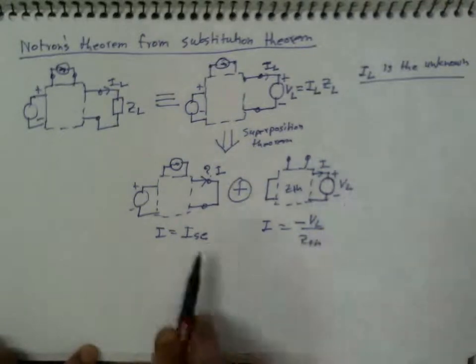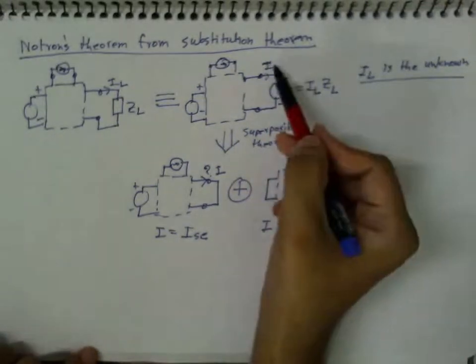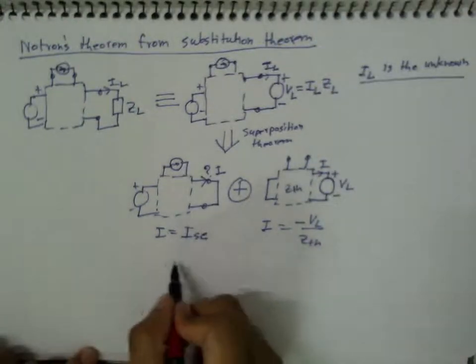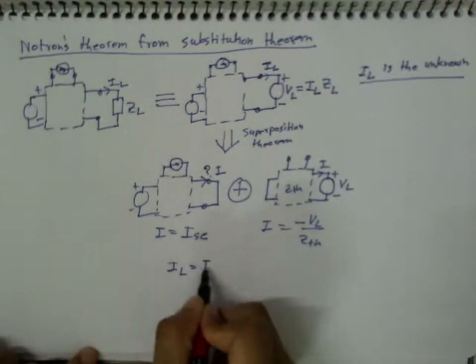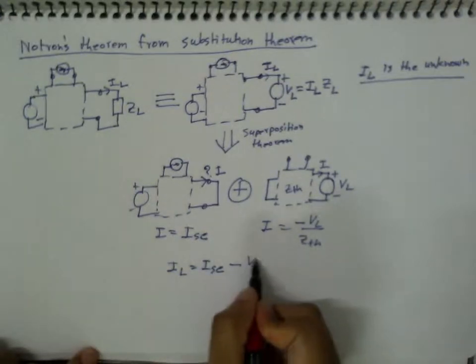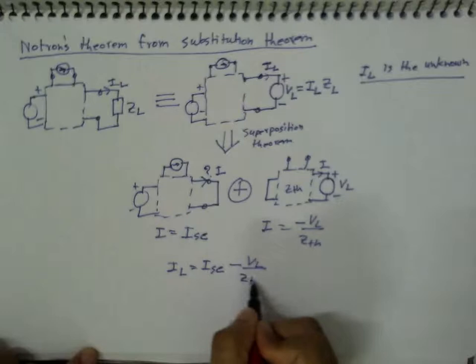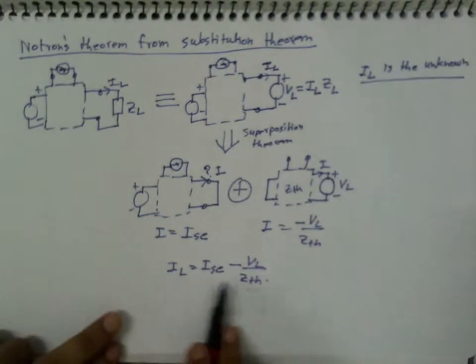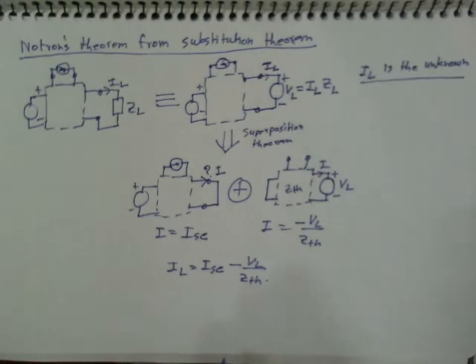Okay. Now what does this mean? This current IL is the sum of these two currents according to superposition theorem. So I can write that IL is nothing but ISC, this one, plus this one, which is minus VL by ZTH, right? So IL is this. Okay, cool.